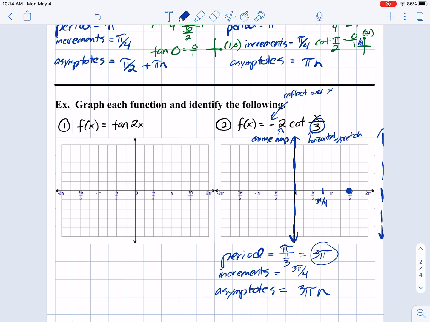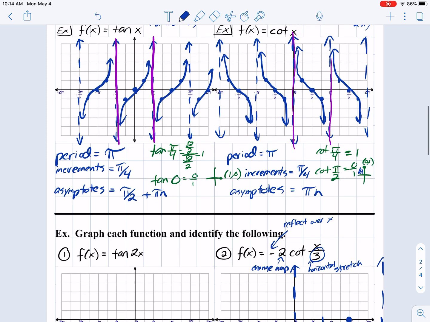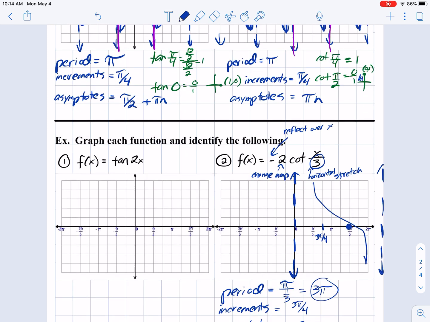Normally, the function would look like this, where it's going down, but because we've been reflected, now we need this point over here instead of up here, and then same over here. And this point would be over here at every 3 pi over 4.